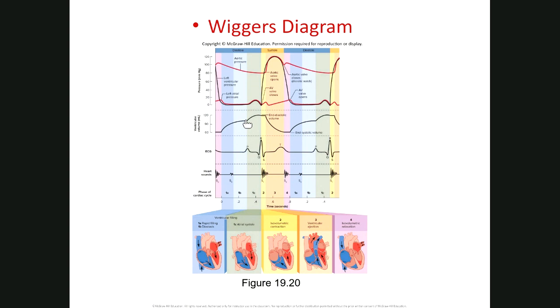And look what we have here, the P wave, which captured the SA node electrically. So it will make the atrium contract, and look, it pushed some more blood into the ventricles.